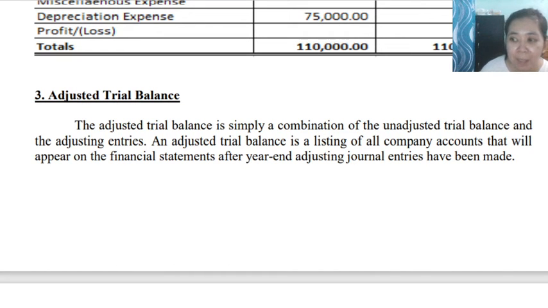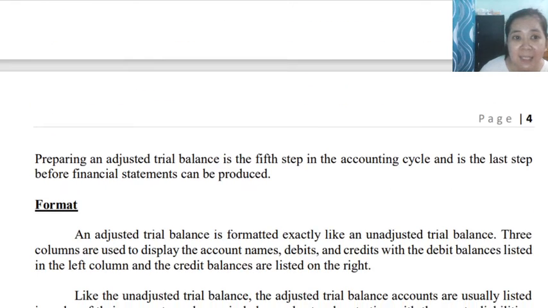Meaning, for the unadjusted trial balance, if there are any entries posted in the adjusting entries, we will either add or deduct depending on where the amount was posted. The adjusted trial balance is the listing of all the company accounts that will appear in our financial statements, which now includes the adjusting journal entries.